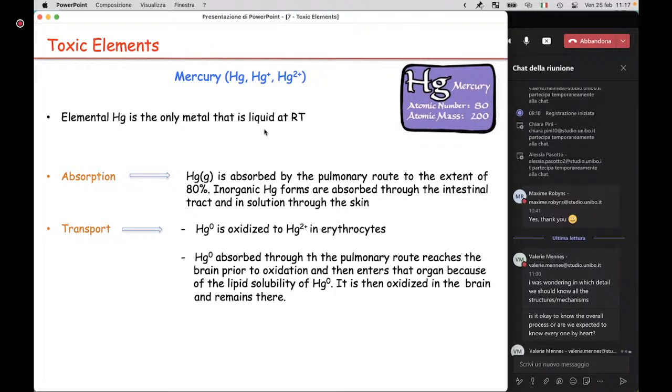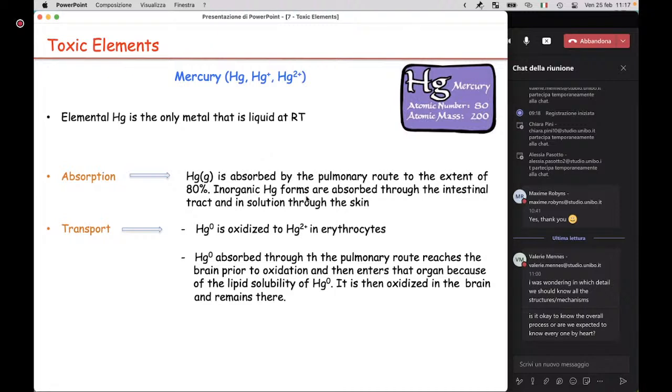Mercury is liquid and it is also volatile in its metallic form. This means that when we are in the presence of metallic mercury, part of it will evaporate into the environment, and so we are exposed to its vapor.